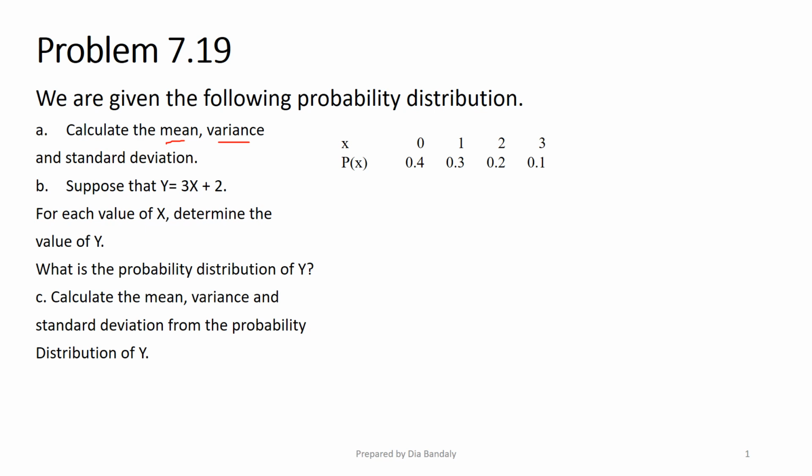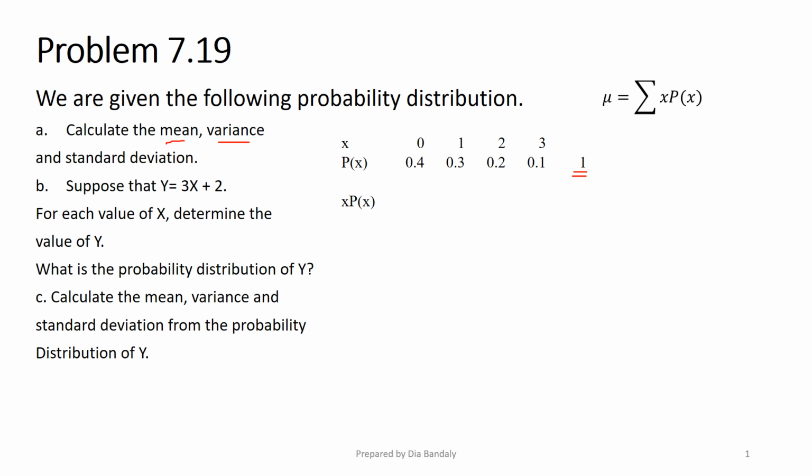All right, so let's do it together. Mean: you remember that first of all, I always make sure that the sum of the probabilities is equal to 1, to make sure that we are not dealing with the wrong probability distribution. And then to find the mean, it's the sum of x p of x, as we did before. So I add the column for x p of x, and I multiply each value of x by its corresponding probability.